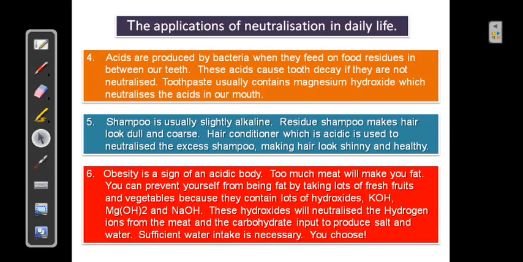Then of course, obesity is a sign of an acidic body. As I said, too much meat will make you fat. You know why? Because meat contains a lot of acids. Meat is protein, made of amino acids, so the residues are all acids.